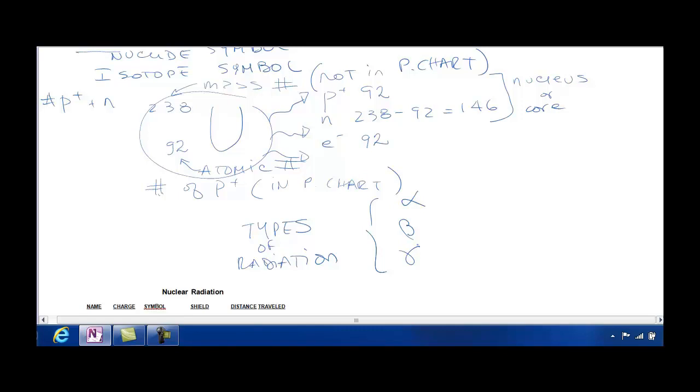If you look in your chart, helium, where's helium? Is helium a heavy or a light element? Where's helium? Top right. So if I write helium 4-2, how many protons is this guy going to have? 2 protons. How many electrons? 2 electrons. How many neutrons? 2 neutrons.